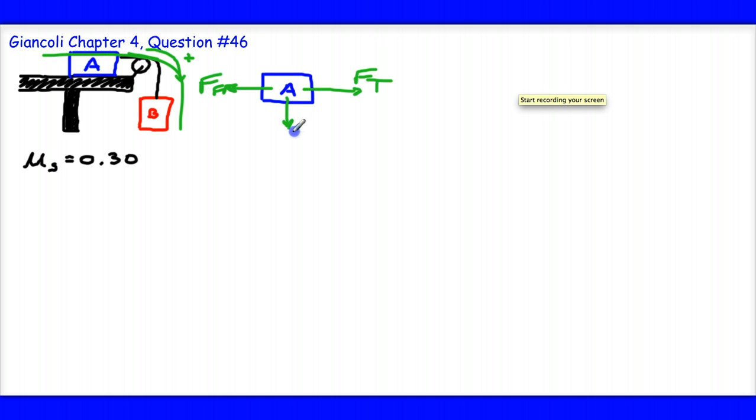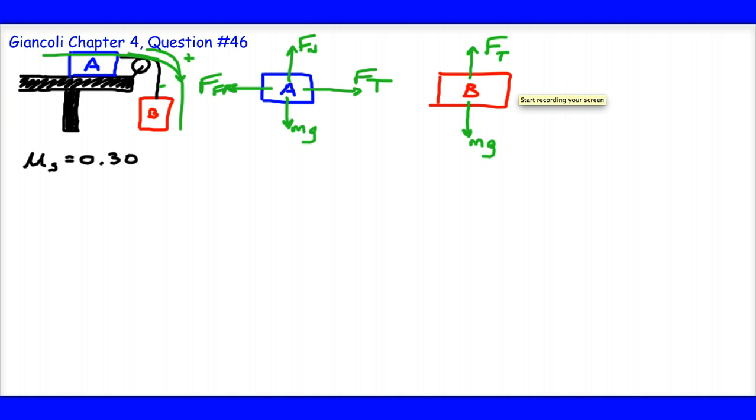There's also the weight, mg, and the normal force, F sub n. The free body diagram for block B has the weight mg downward and F sub t, the tension in this line, upward.